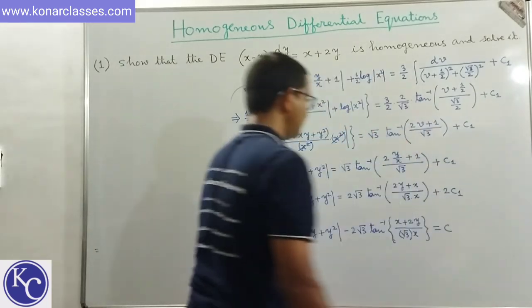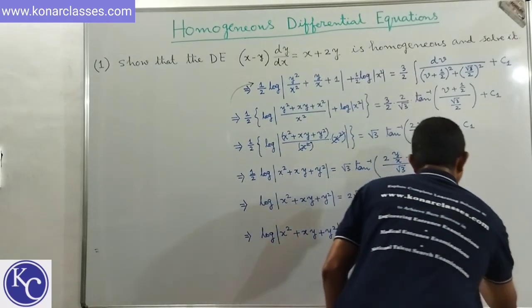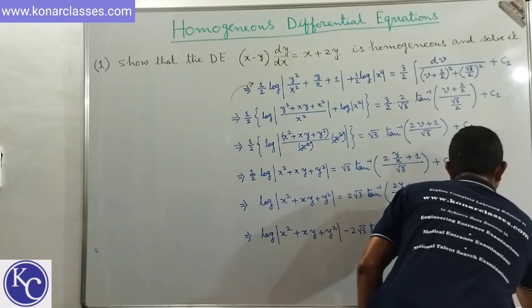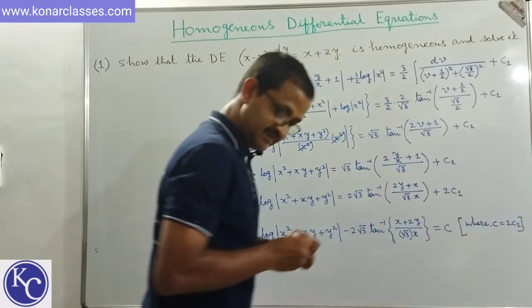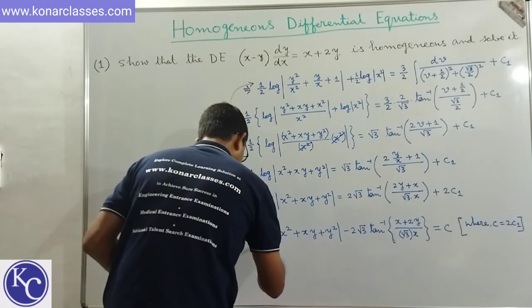We consider another integrating constant as c. So c is equal to 2c1. So you can write it where c is equal to 2c1, and this is the solution to the given differential equation.